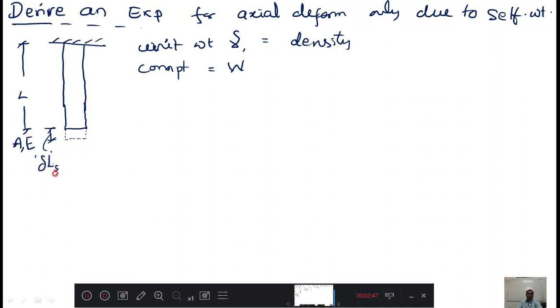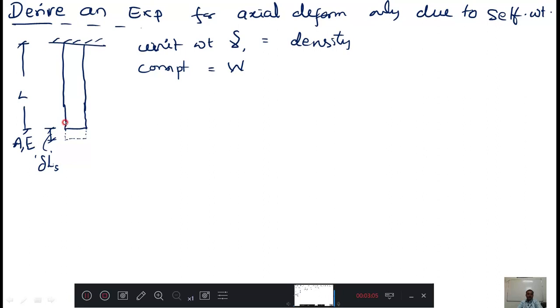Therefore, this is delta LS. We want an expression for this delta LS, but no force is pulled here. Therefore, it is very difficult to understand why it is extending its length. That is because of self weight.